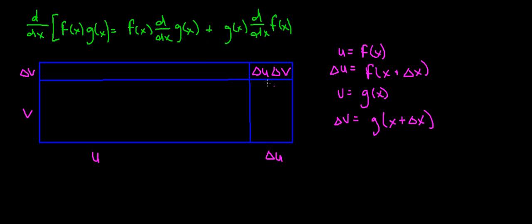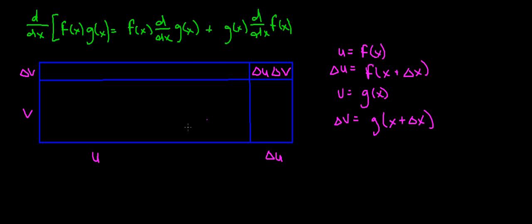So in order to get this product rule, I have a rectangle, and it's divided up into u, v, delta u, delta v. So this rectangle here is u times v, and this whole rectangle would be u plus delta u multiplied by v plus delta v.